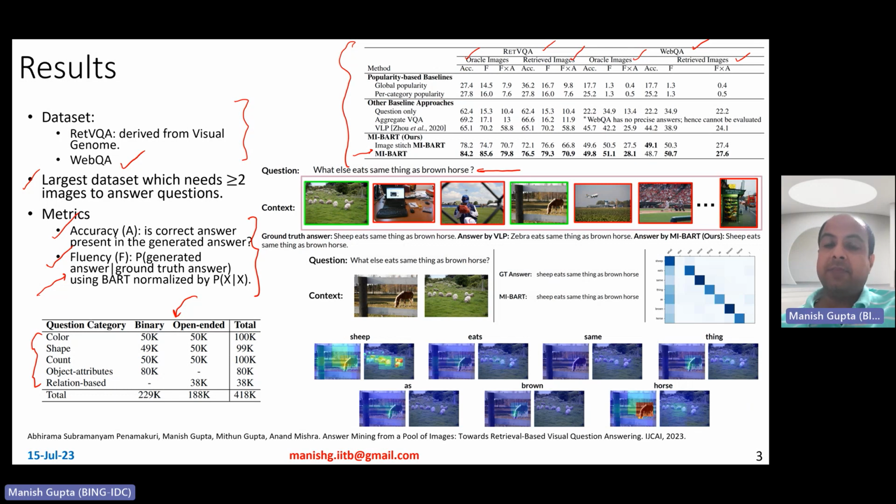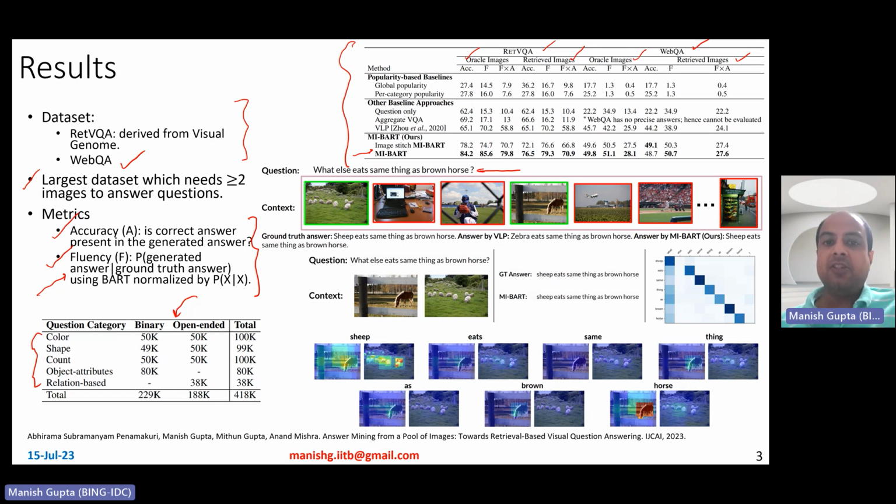You also see that it performs better compared to the popularity-based baseline. You could just say, let me capitalize on the bias if it exists in the data set, and predict yes as the answer if that's the most popular. So we have a global popularity, and per category popularity also. Maybe the popular answer in the color category is different from the popular answer in the count category, and so on, so we leverage all of those popularity values.